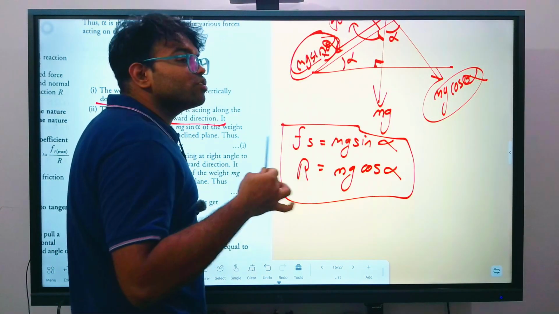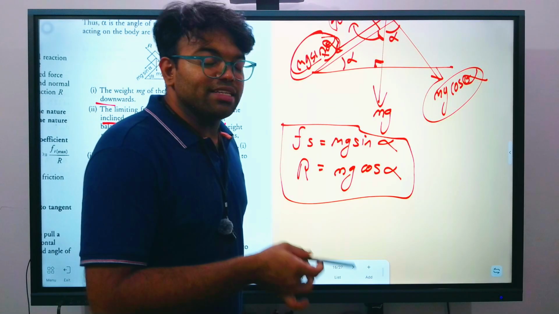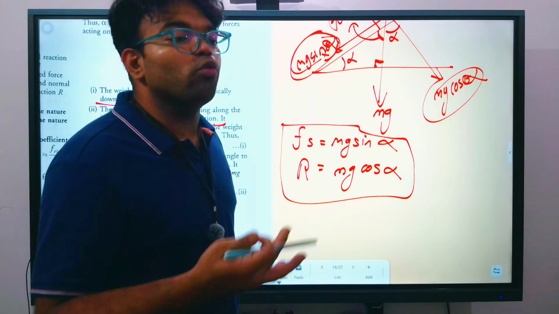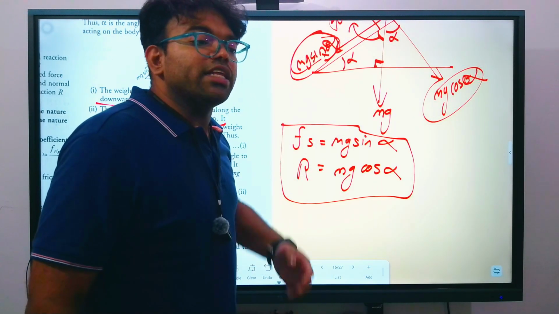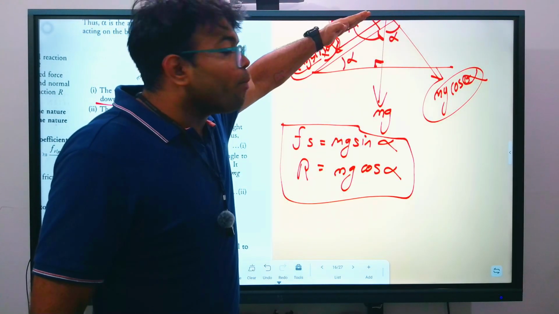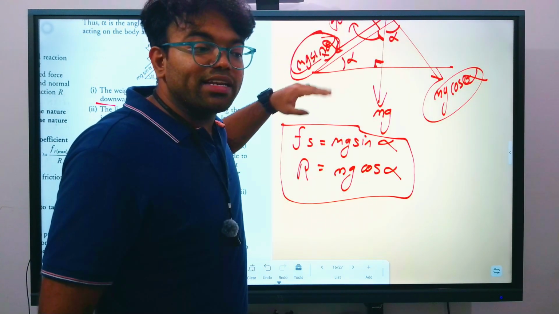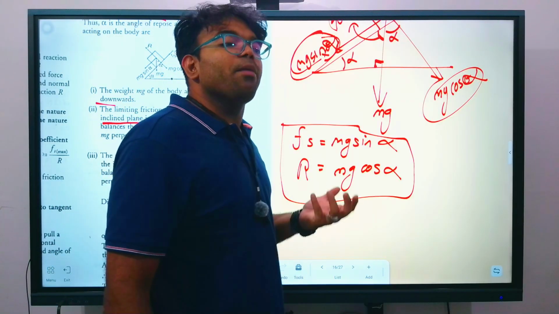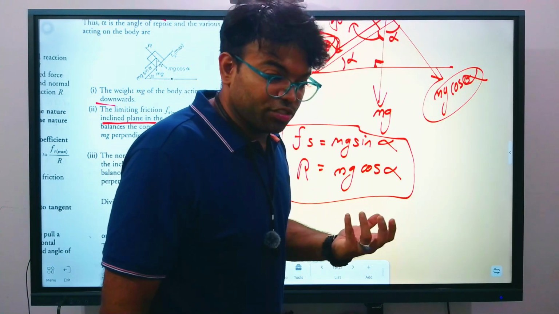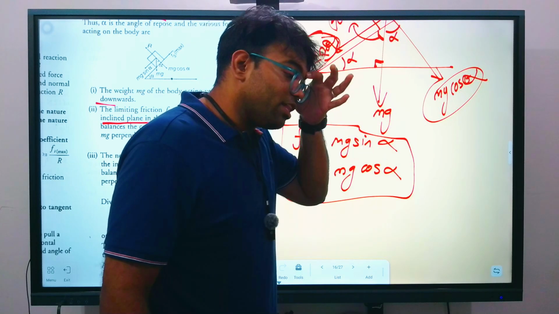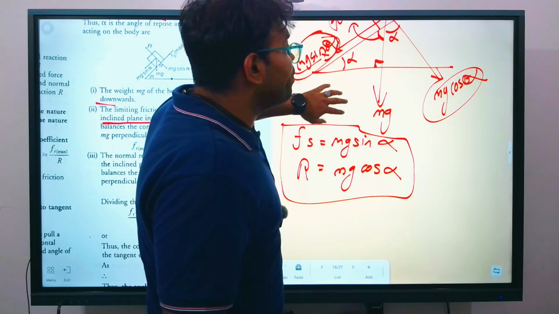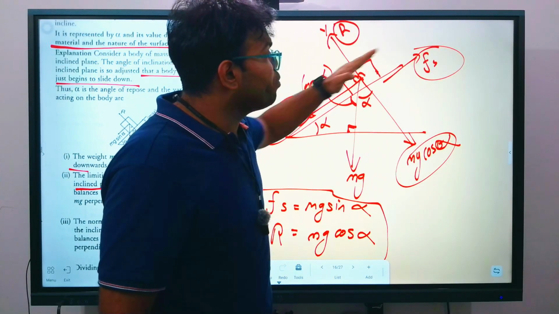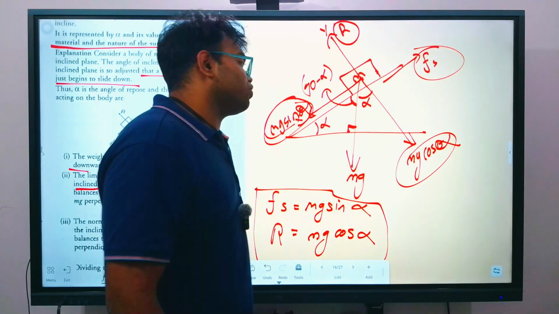The friction. Who is causing the friction? Since there is no external force being applied, who is causing the friction? The component of the weight along the incline is basically producing the applied force, the force that is actually allowing the object to move forward. This should be balanced by the frictional force.